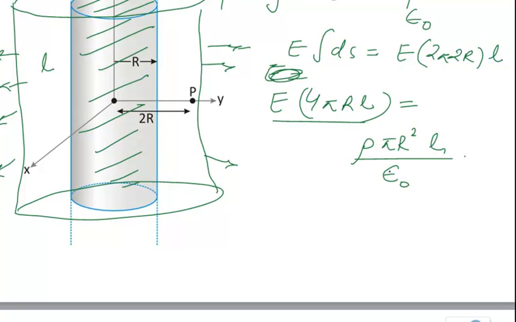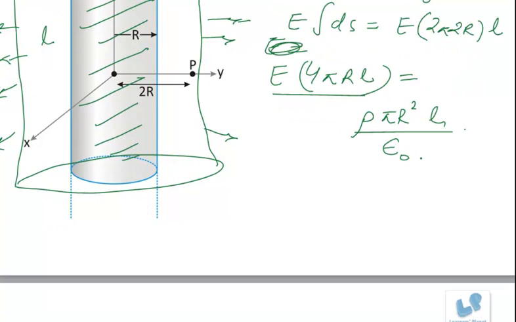Now this flux is equal to this value, charge enclosed upon epsilon naught. So pi will cancel out, r will cancel out, L will cancel out, and we will have E equal to rho r by 4 epsilon naught. Now this is E1, the field due to the infinitely long cylinder.